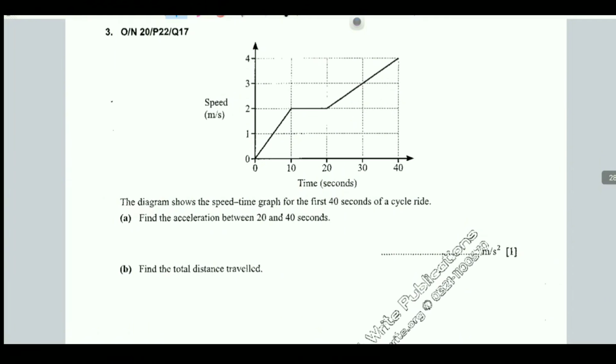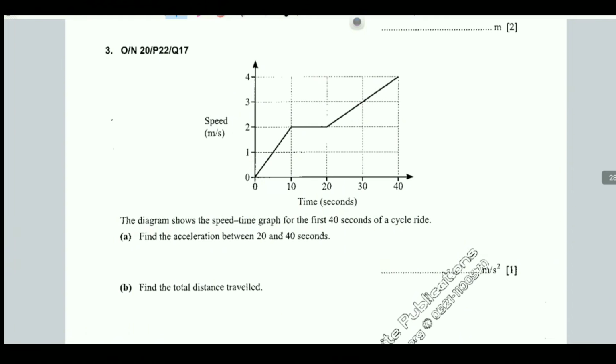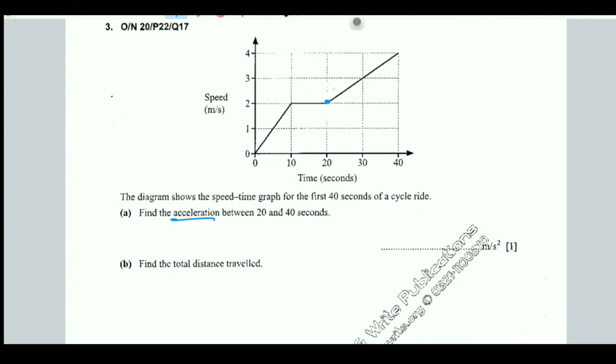The diagram shows the speed-time graph for the first 40 seconds of a cycle ride. Find the acceleration between 20 and 40. So for this, you are going to find the gradient. These points are 20 and 2, and these points are 40 and 4.